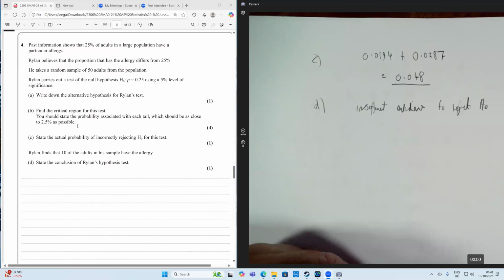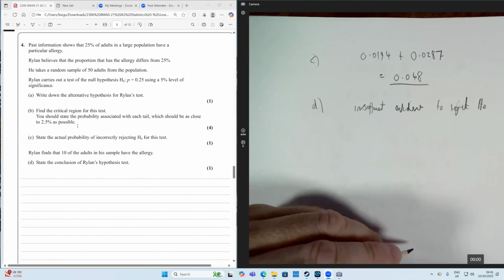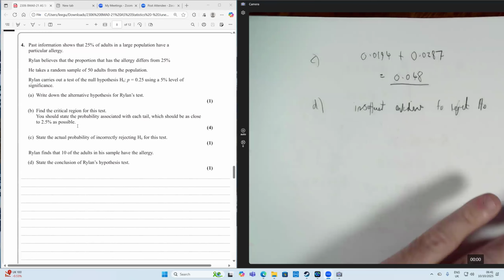And that means there's not enough evidence to suggest that the proportion of adults in the population that have the allergy differs from 25%. So I'll just say that again.